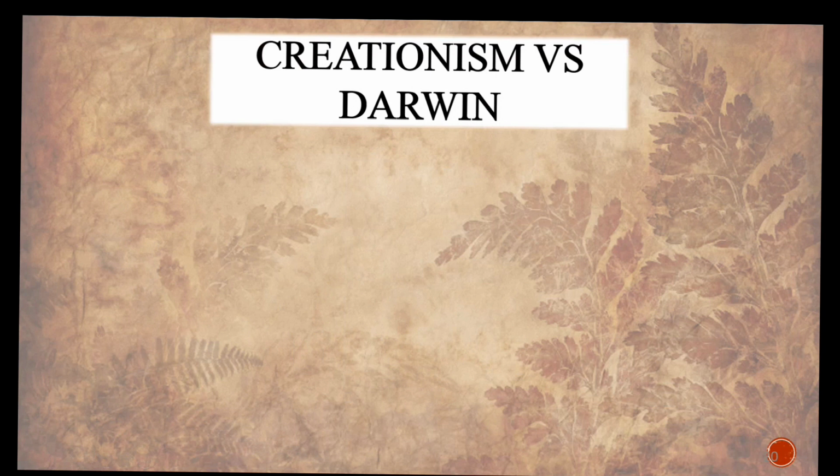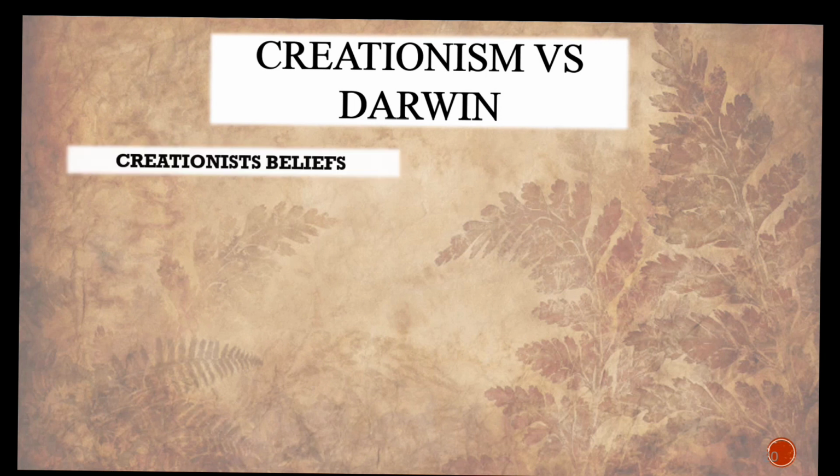Creationism versus Darwin. This is actually Darwinism. I already mentioned creationism when we had the slide with the conversation of the son and the mother about teaching evolution to creationists.